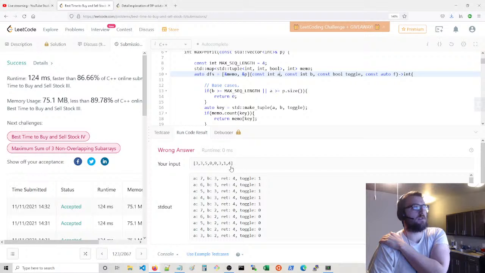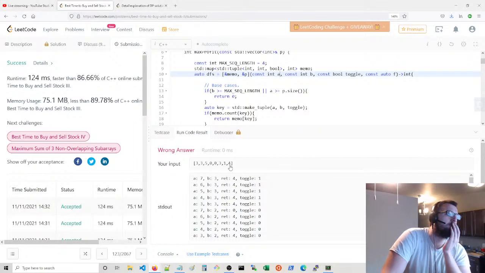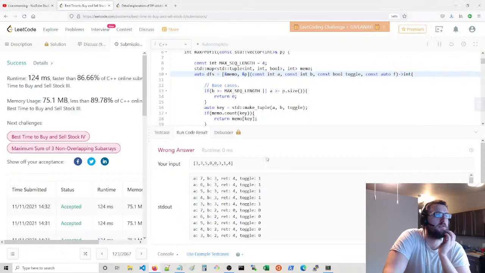And ret is 4. Okay. So going backwards. So we sell 4, and then 6. Selling 4 is still the best. 5, 4, 3. Selling 4 would be the best. Looks like 7, 2.